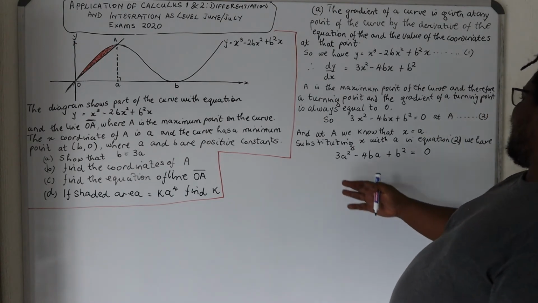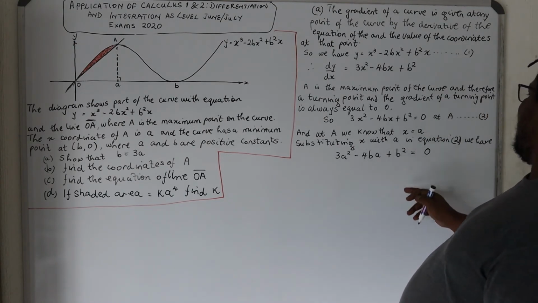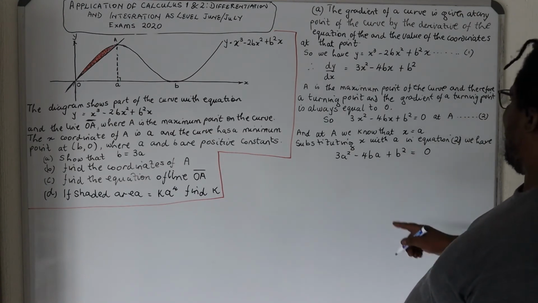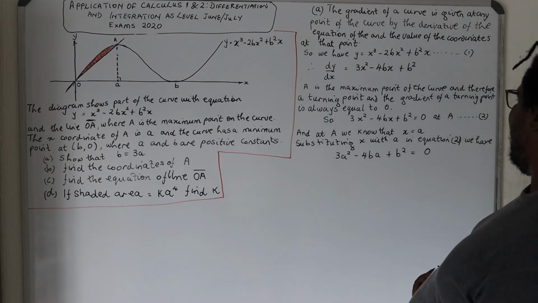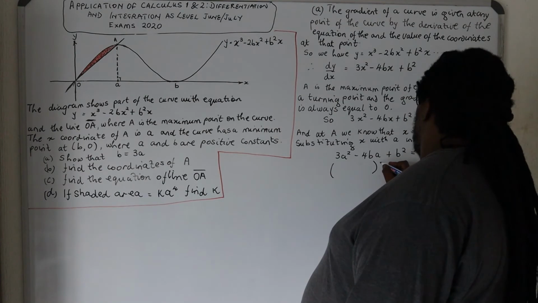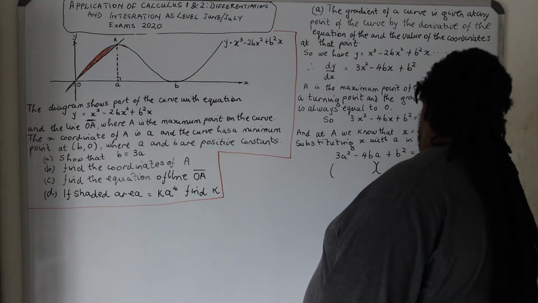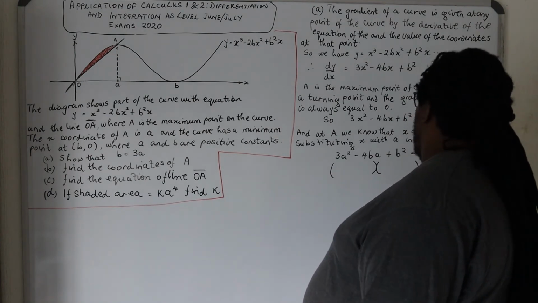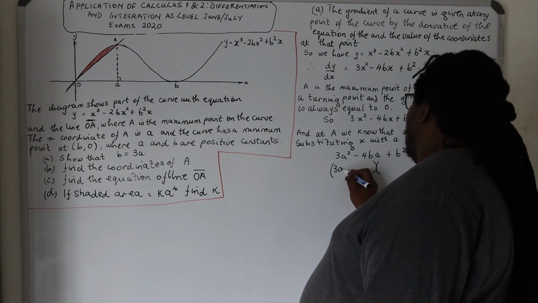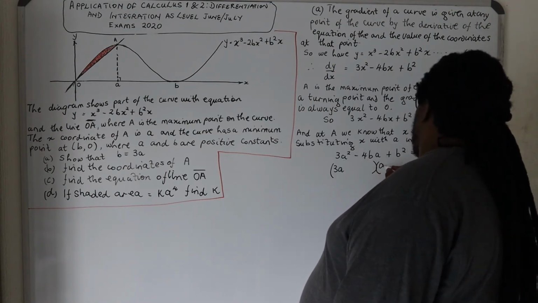So this is a quadratic equation in both a and b. So we can actually factorize and get 2 brackets, which is a binomial expansion, and here we can say 3a, and therefore here we have a.